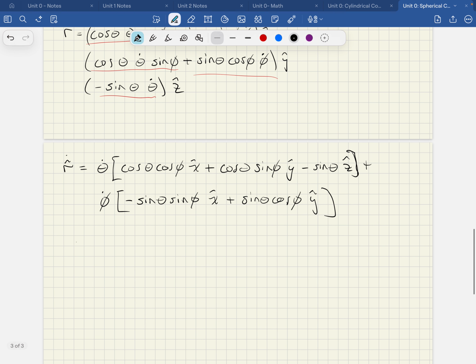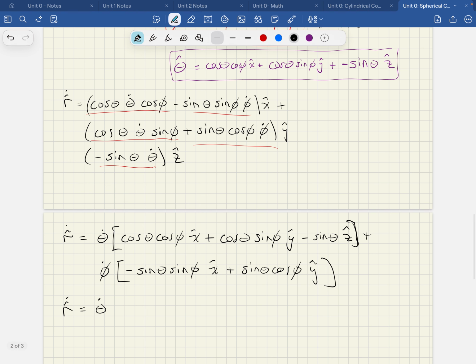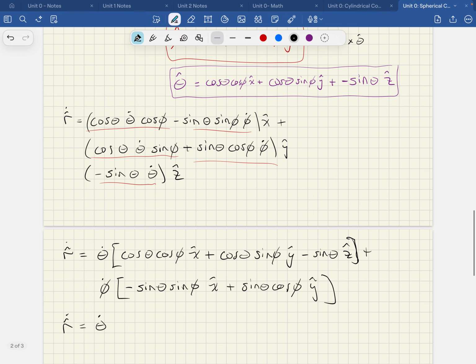Okay, so r hat dot is equal to theta dot times this thing in brackets. But that thing in brackets is theta hat.